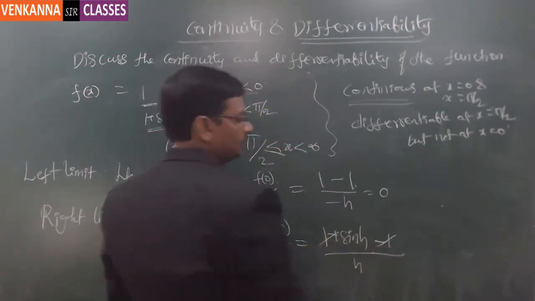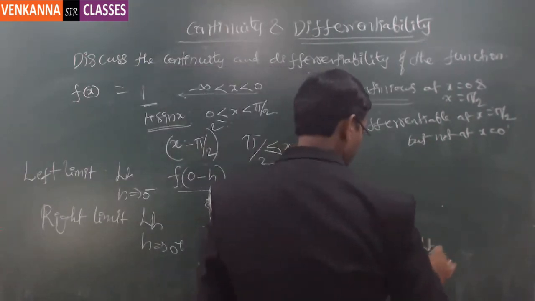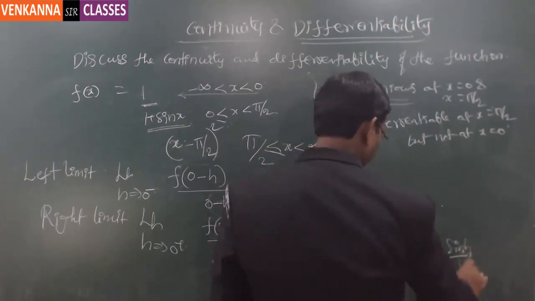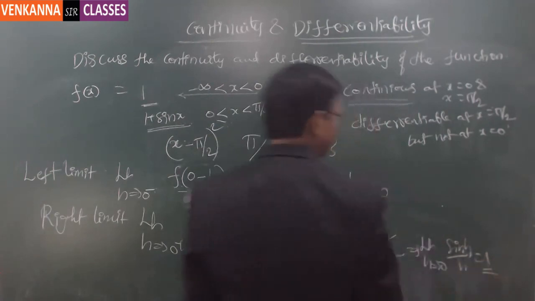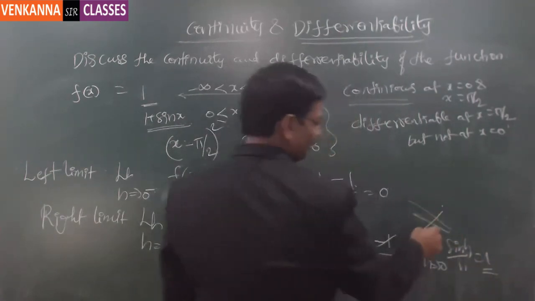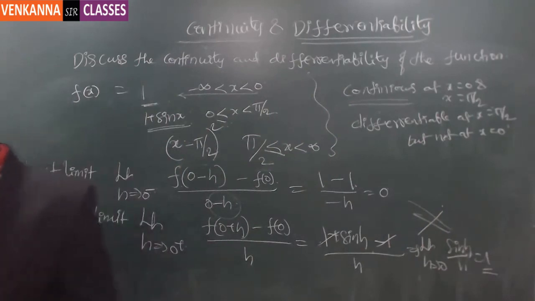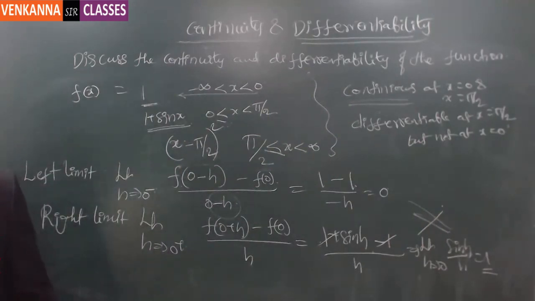So this value is limit h tends to 0 of sin h by h, and this value is 1. So left limit and right limit are not equal. Got it? Understood? So this is the differentiability check.